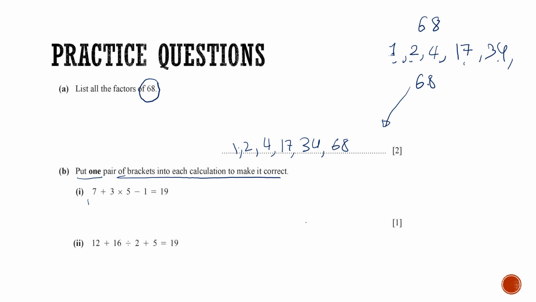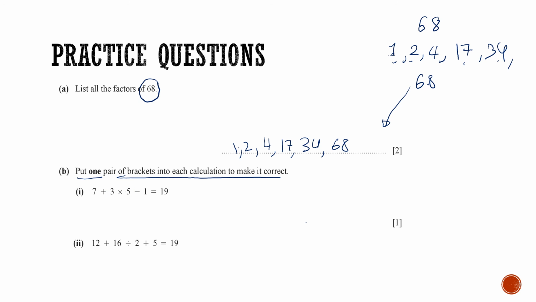Next question: put one pair of brackets into each calculation to make it correct. So now this is where you analyze it. You first try 7 plus 3. If I put a bracket here, what do I get? 10 times 5 minus 1? Nope. Then you leave the 7 and let's try 3 times 5. What's 3 times 5? 15. 15 plus 7 is 22, minus 1 does not give us 19.